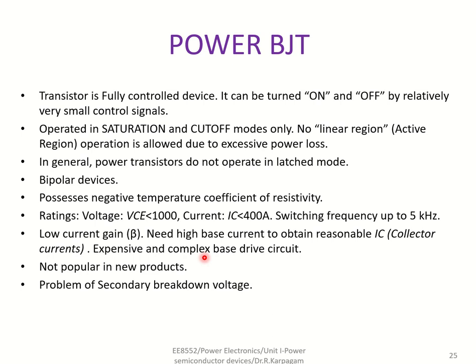The collector emitter voltage rating is less than 1000 volts and the current is less than 400 amps. It can operate at switching frequency up to 5 kilohertz. It has low current gain and is not popular in new products due to the problem of secondary breakdown voltage.